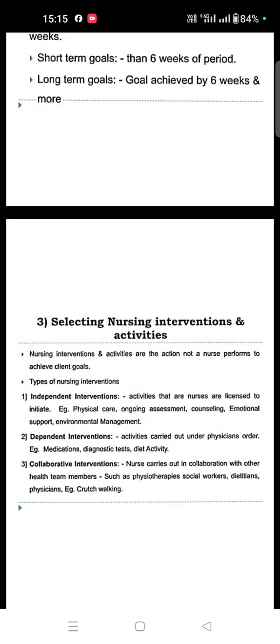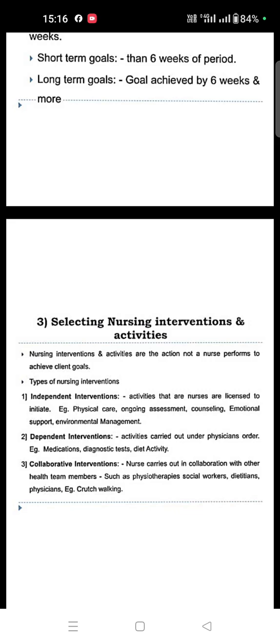Independent means activities that nurses initiate under their license: physical care, ongoing assessment, counseling, emotional support, and environmental management. Dependent activities are carried out under physicians' orders: medications, diagnostic tests, and diet. Collaborative means the nurse works with health team members such as the physiotherapist, social worker, dietitian, and physician.